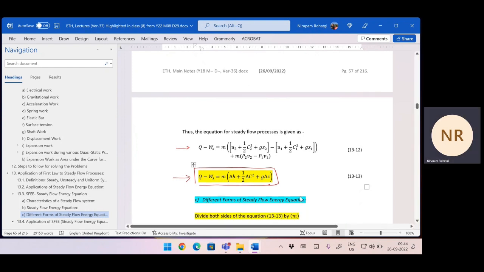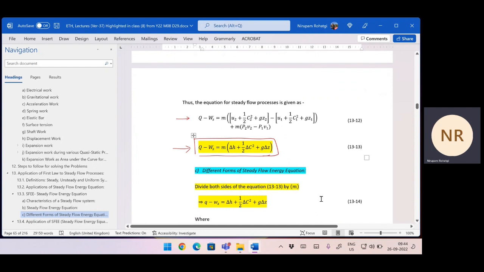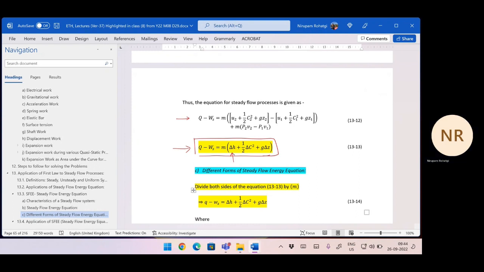So what change has occurred if you want to compare it with the closed system? U has been changed to delta H. If you write for the closed system, it will be Q minus W is equal to m delta U. This will be the equation.